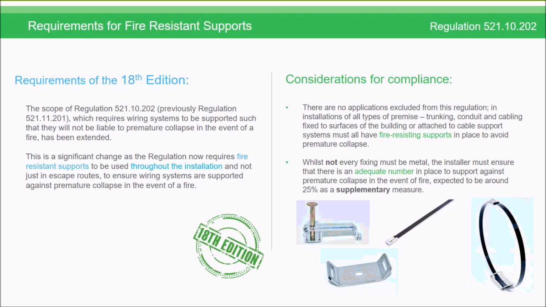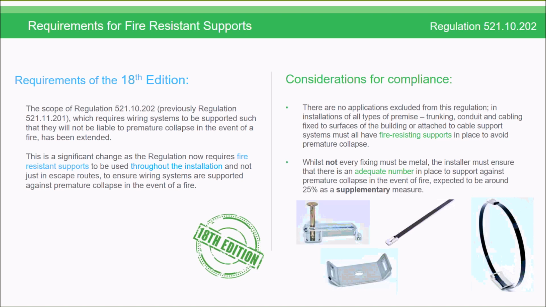So the considerations for compliance: we know that there are no applications that are excluded from this regulation now. In installation of all types of premise, trunking, conduit, cabling that sticks to surfaces of the building or is attached to cable support systems, they must all have fire resisting supports in place, just to stop the premature collapse of these wiring systems.